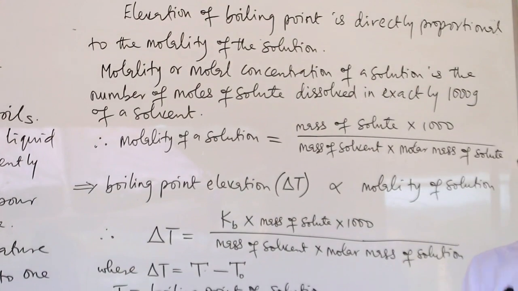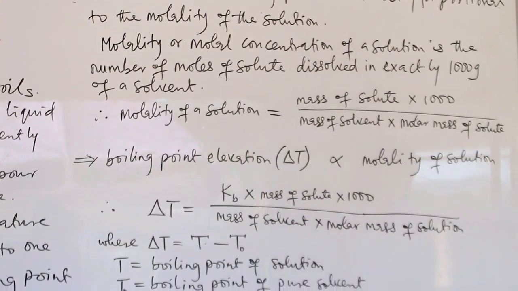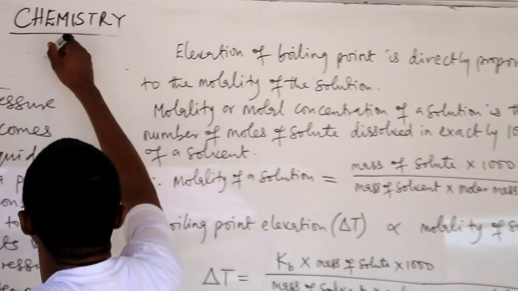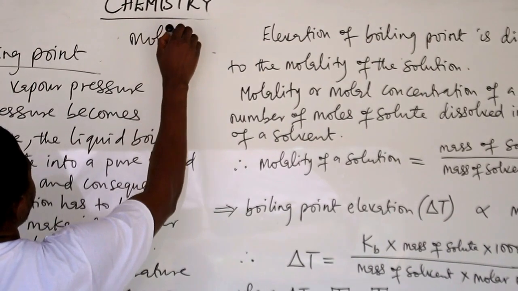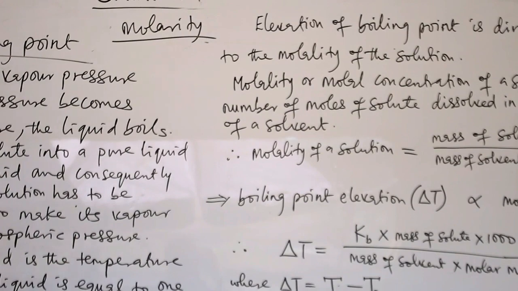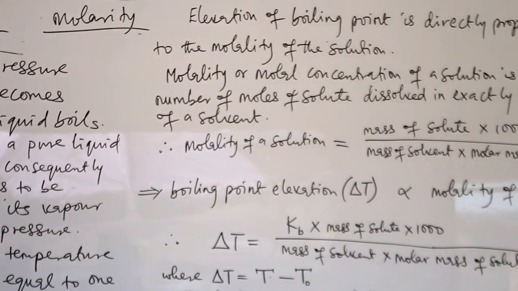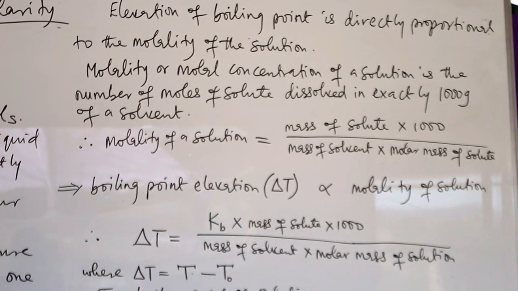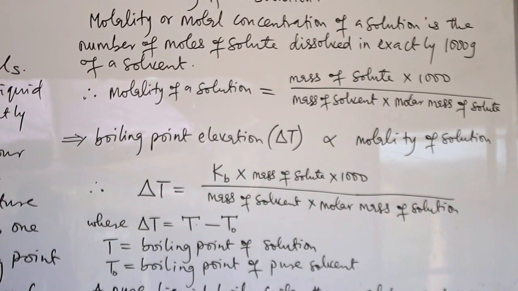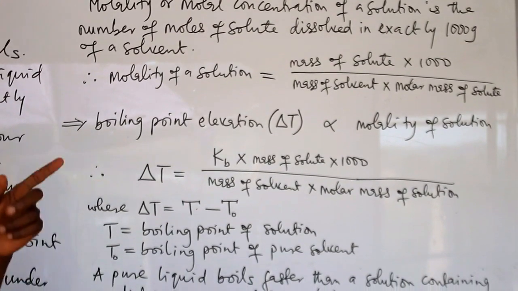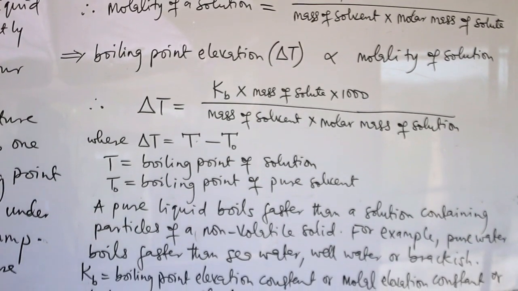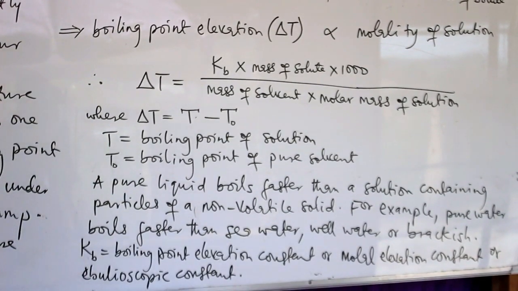And remember, please don't confuse molality with molarity. Molarity simply means the number of moles of solute in 1 dm cubed of solution. Molality is the number of moles of solute in 1 kg of solvent, and that is what we are using here, not molarity.